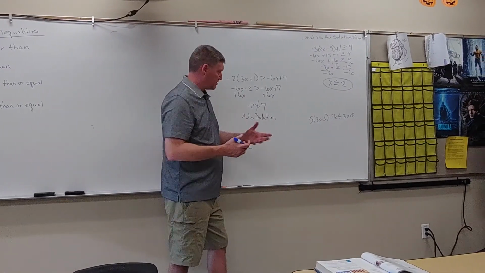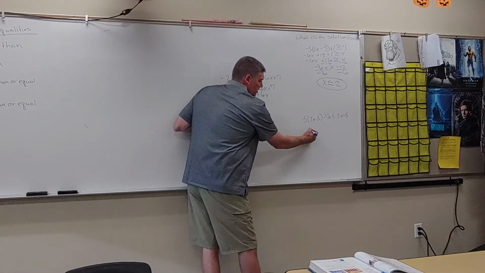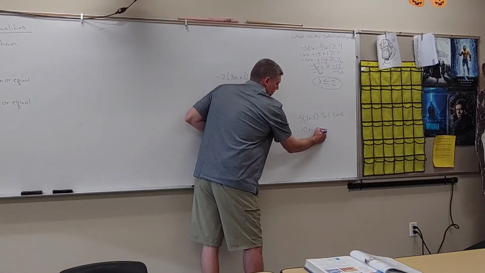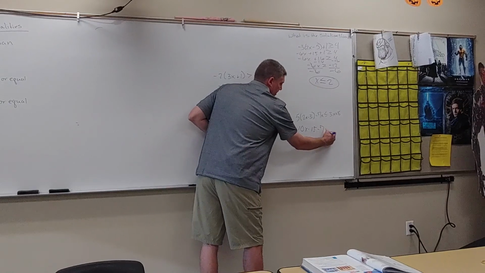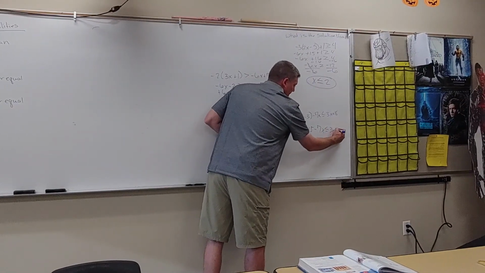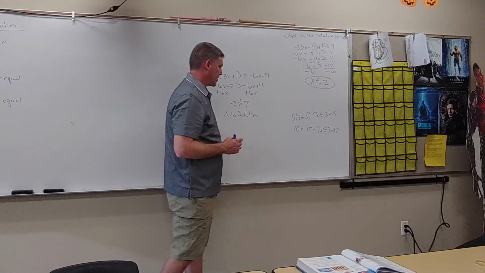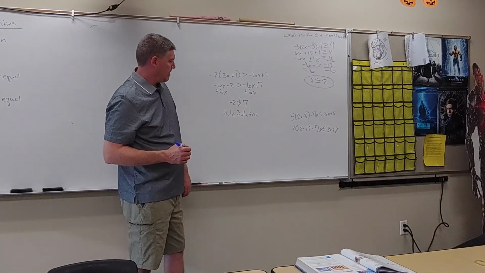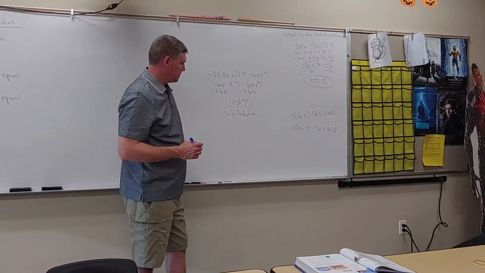We're going to distribute my 5 through here. 10x minus 15 minus 7x less than or equal to 3x plus 8. Okay.